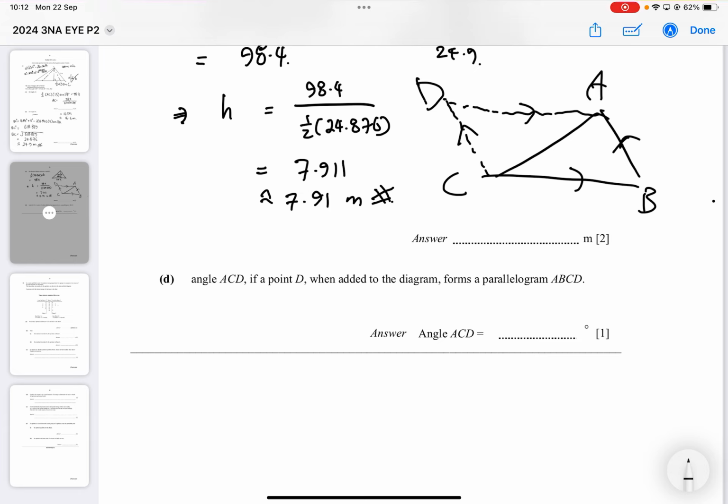Okay, A, B, C, D, then you go back to A. So roughly we know where my D should be already. So with a sketch, I roughly know where my D should be. Then here parallel, here parallel. If I want the angle ACD, parallelogram. So, can you see that there's an alternate angle? My ACD is actually the same as BAC. Then you can just write down the angle is 114.